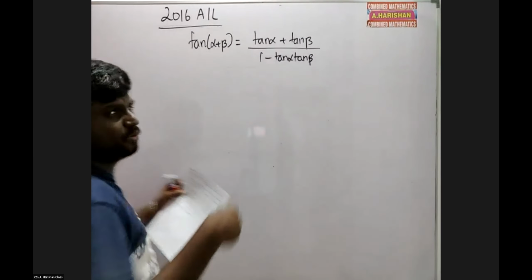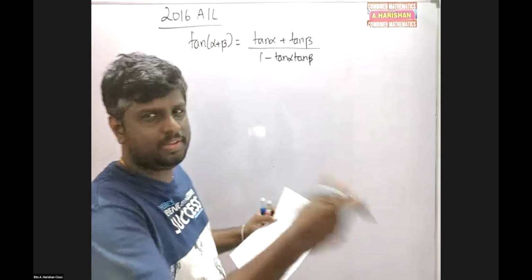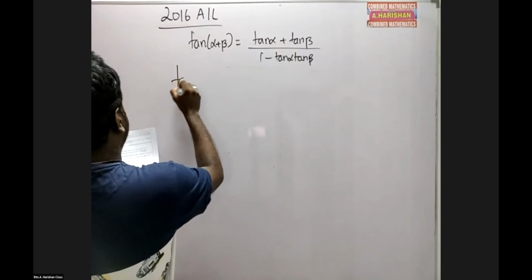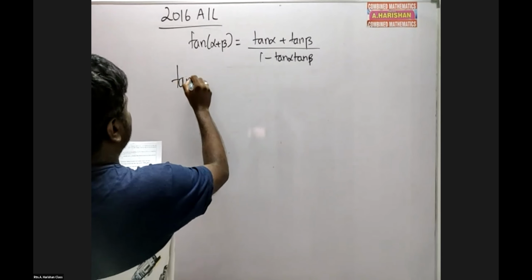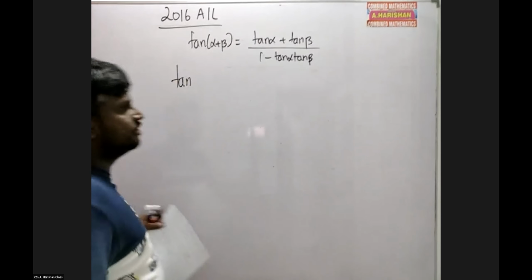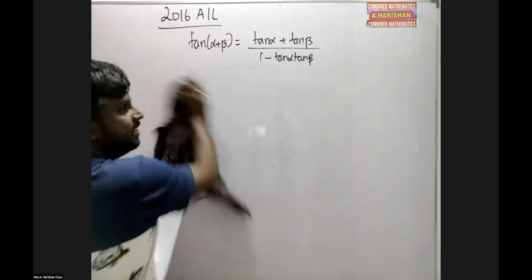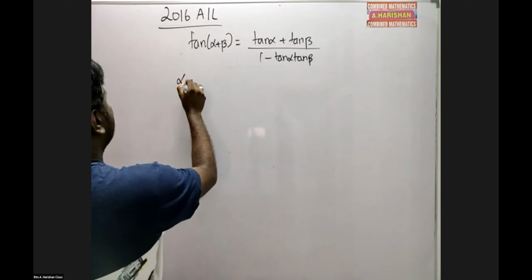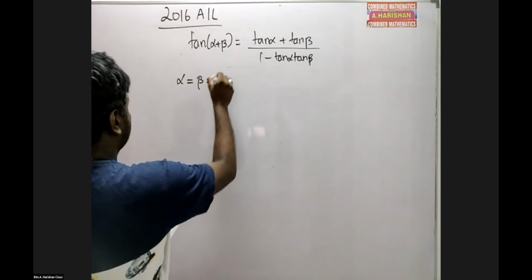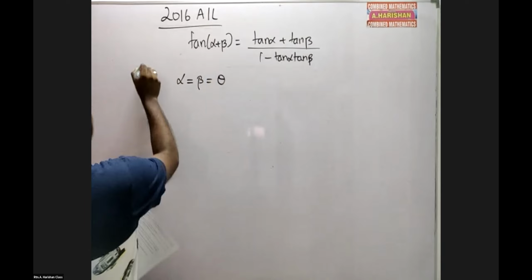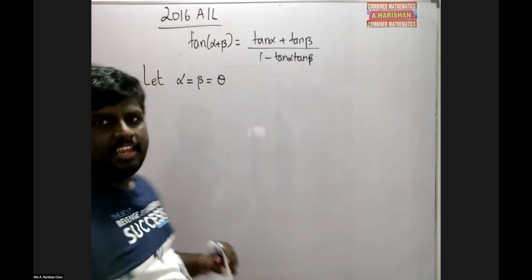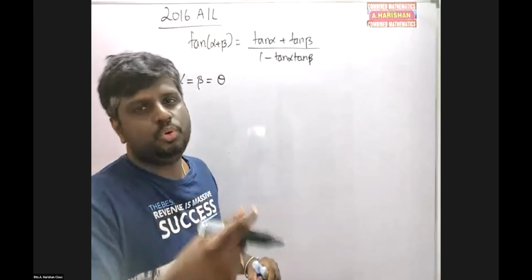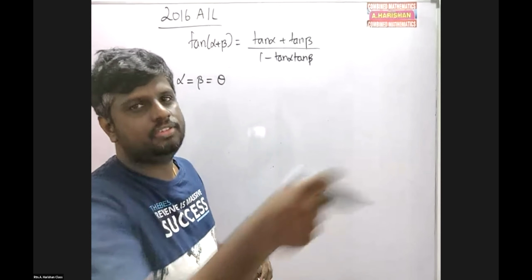So this is obviously our question, right? When normally we do this kind of question in our theories, we had obtained the tan 2 theta. So how to obtain that? They say obtain. So I can say alpha equals beta equals theta. So if alpha equals beta equals theta, you may try to write tan theta plus theta equals tan 2 theta.